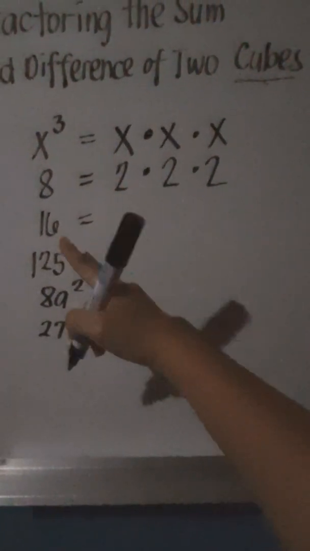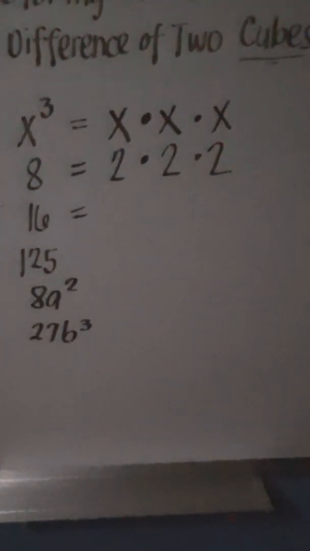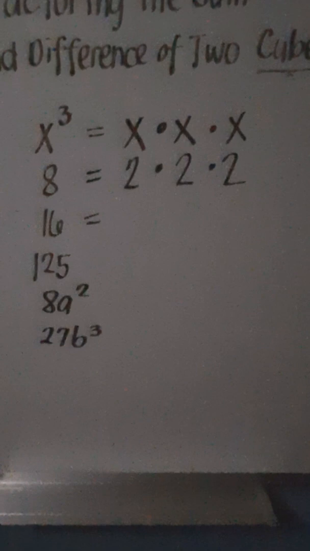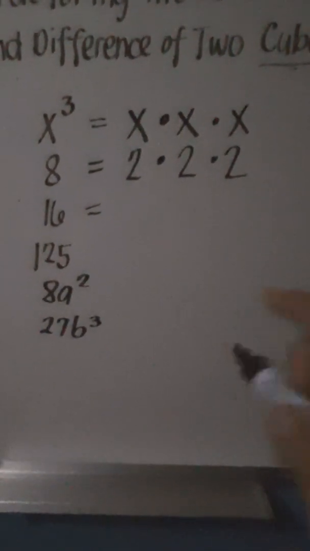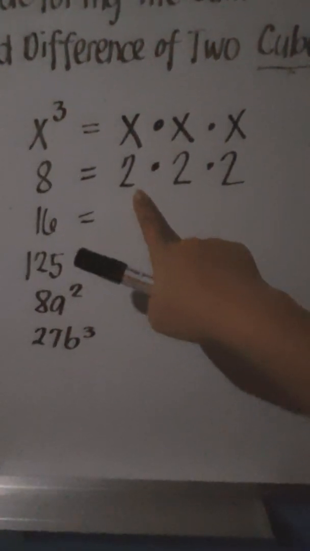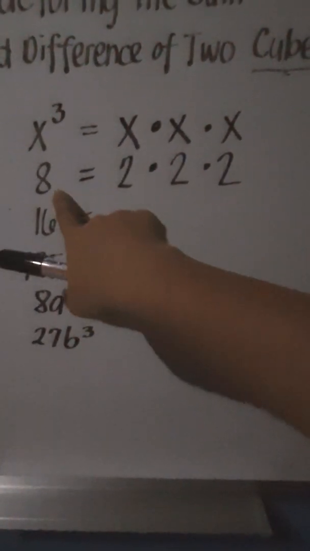Let's try 16. Is 16 a cube? Can we think of a number that we can multiply by itself 3 times so that we can get 16? If we multiply 2 by itself 3 times, you will get 8.